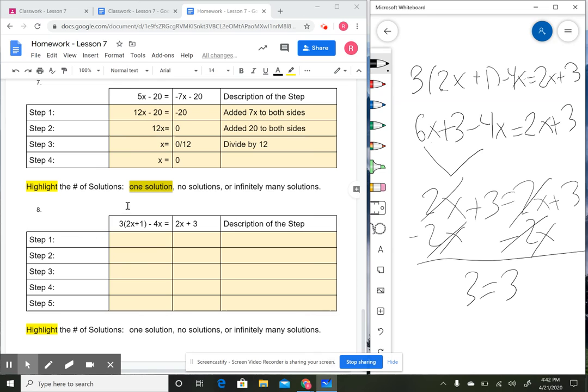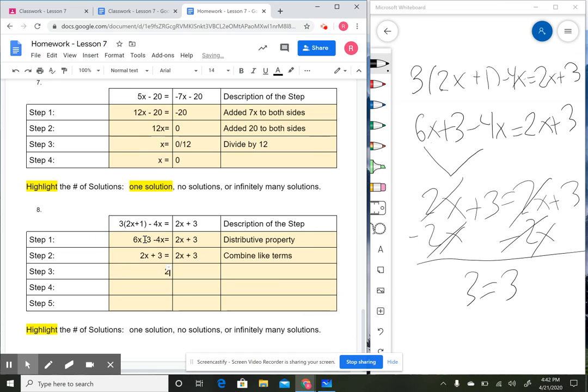So let's write that down. 6x plus 3 minus 4x is equal to 2x plus 3, and that's the distributive property. And then the next one's going to be to combine like terms. So it's going to be 2x plus 3 is equal to 2x plus 3, and that's combined like terms.